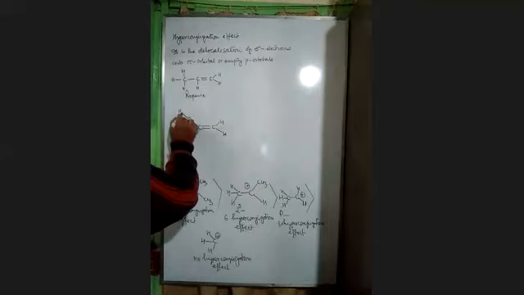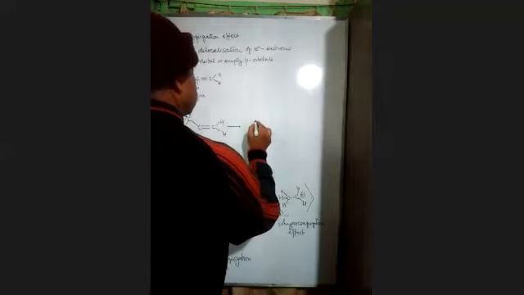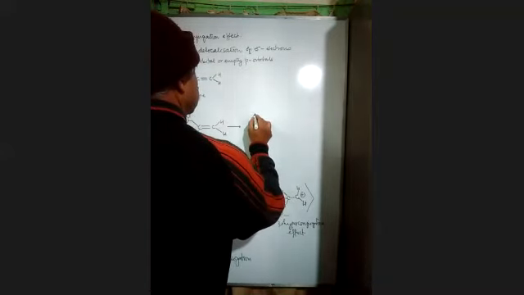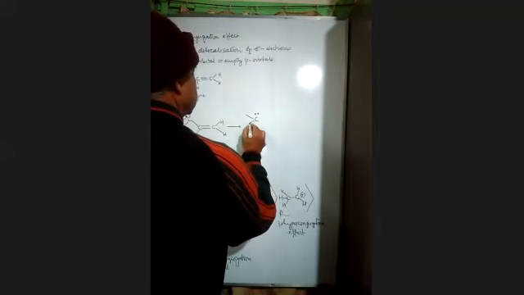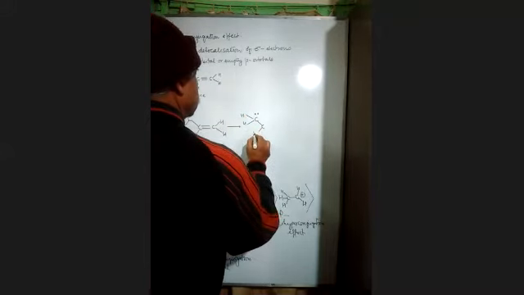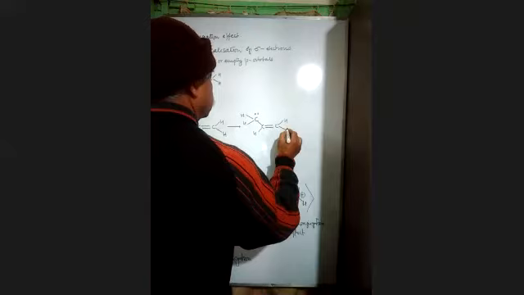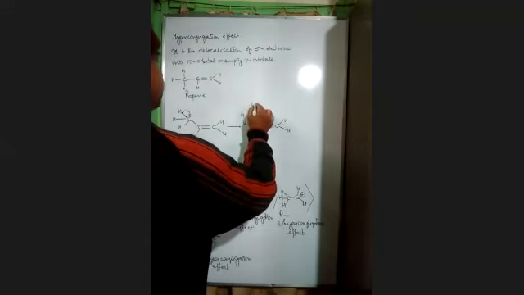So here you have 1 electron and here you have 1 electron. This electron comes here, what do you get? You get this, and the hydrogen will be nearby.